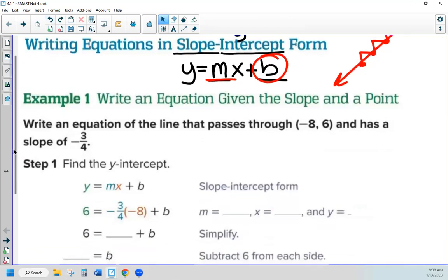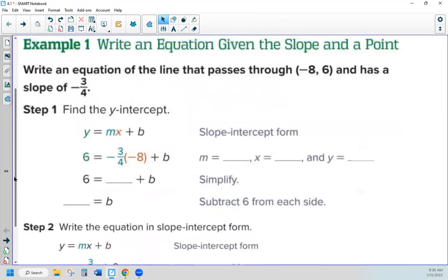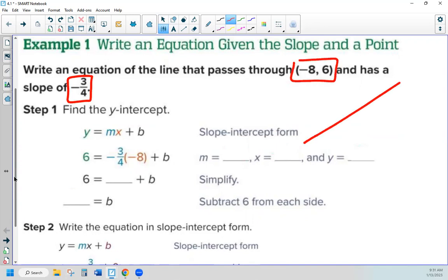Let's see what type of questions we have here. Example number 1: write an equation given the slope and a point. They are giving us the slope of the equation and a point that lands on that line. Think about a line: a line is made up of an infinite amount of points.